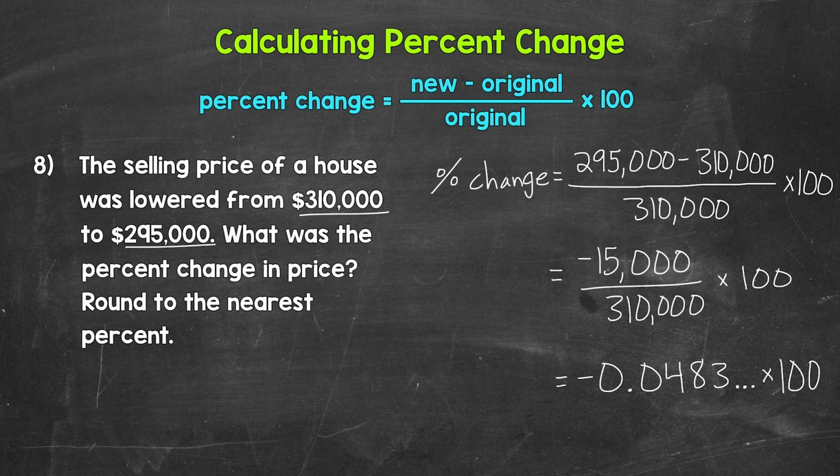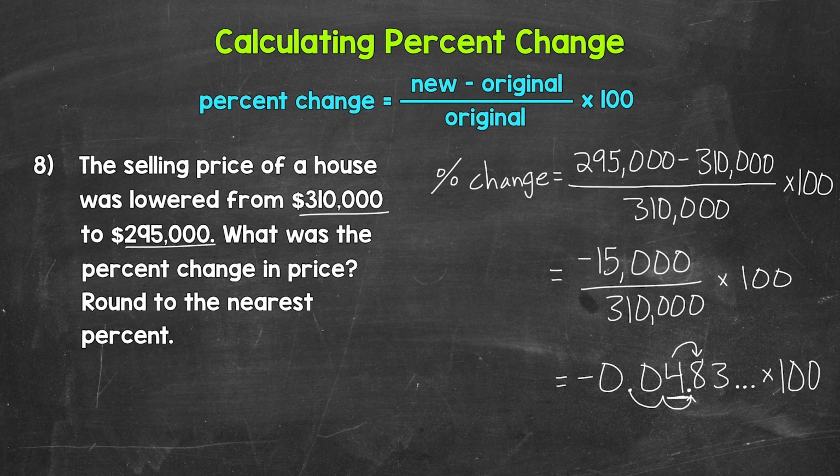So let's multiply by 100 now by moving the decimal once, twice to the right. And we get negative 4.83. And that decimal continues on. So let's round this to the nearest percent, which is rounding to the ones place. We have a 4 in the ones place with an 8 to the right in the tenths.